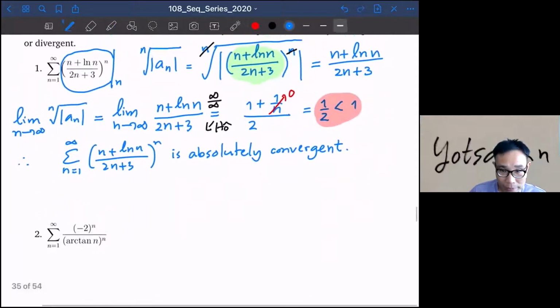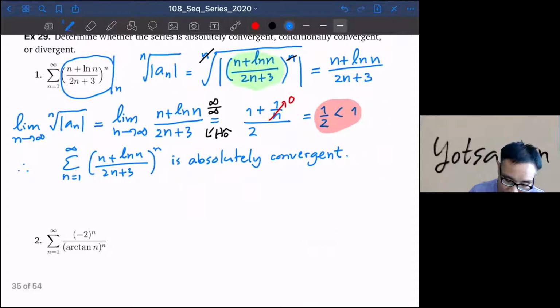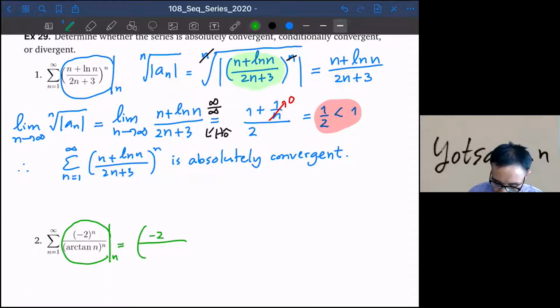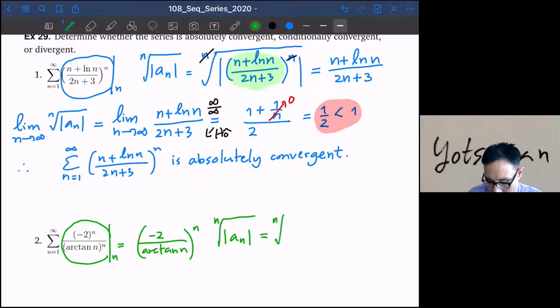For another one, you have your a_n, and you see that this can be written as (-2 over arctan n) to the n.